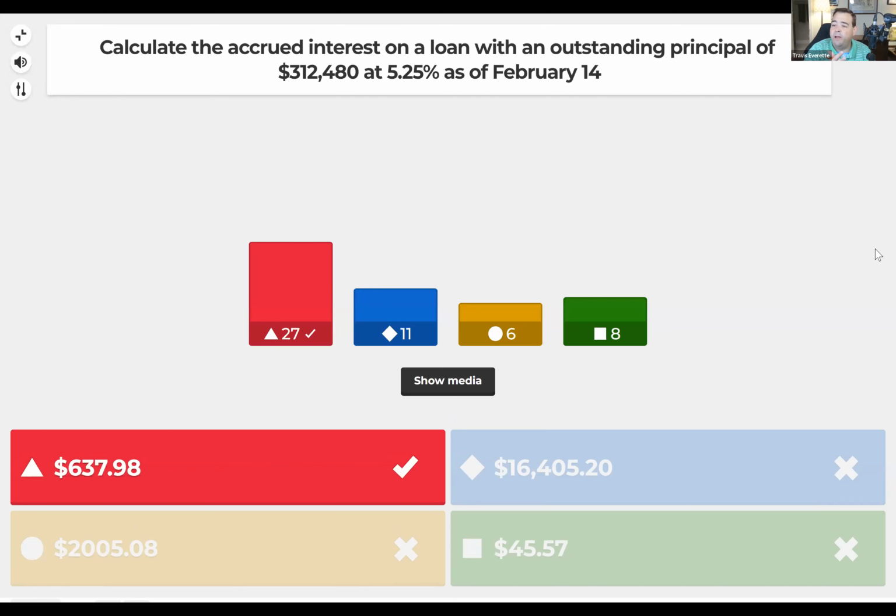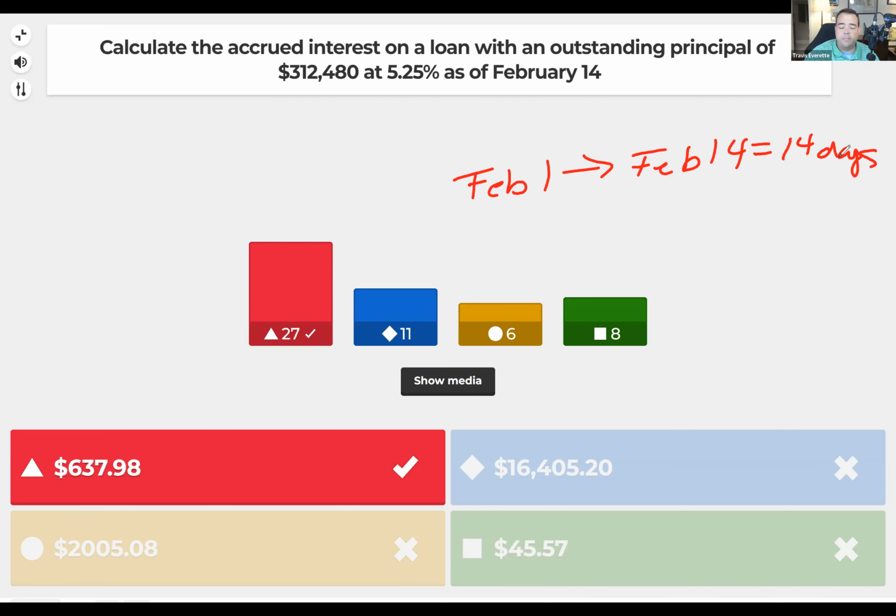Does that make sense for everybody? You don't ever go outside of that month when we're dealing with interest. So if it's accrued, it's only been accruing since February the 1st, which gives us a total of what? 14 days. From February 1 through February 14th is 14 days.